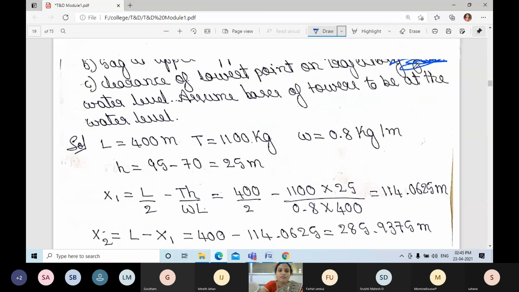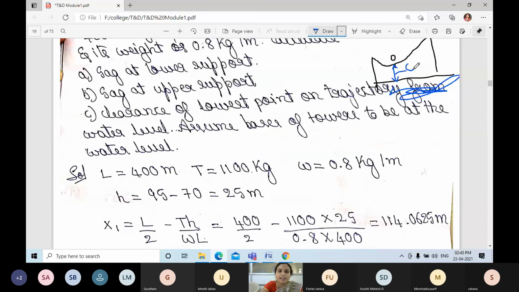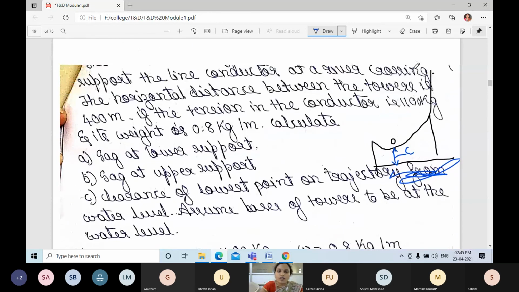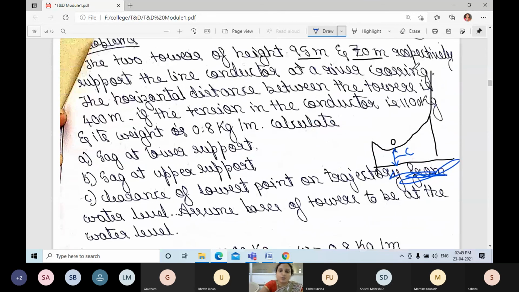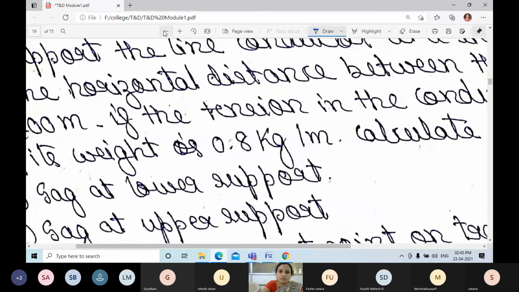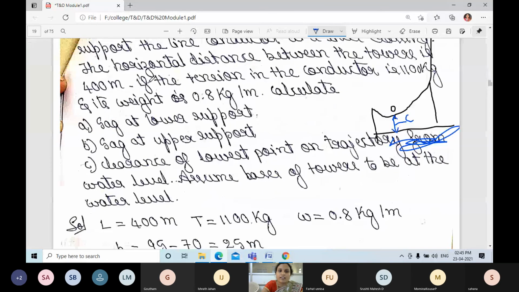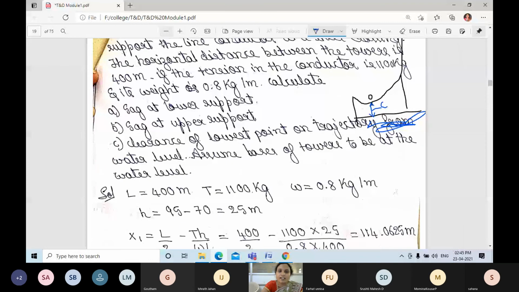First we will solve the sag at lower support. To find out sag at lower support, we need to know the values of x1 and x2. In the question, L is the distance between the two supports. They have given that horizontal distance between the towers is 400 meters.